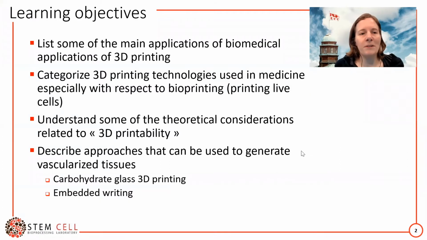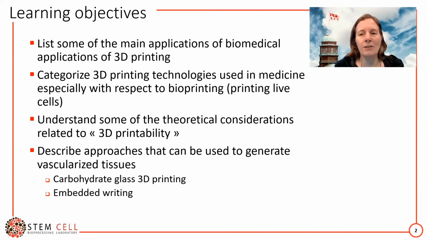By the end of the webinar, you should be able to list some of the main applications of 3D printing in the biomedical space as it relates to microencapsulation. You should be able to categorize 3D printing technologies used in medicine, and with a focus on bioprinting, which is printing live cells, because this is some of what we do in our lab.